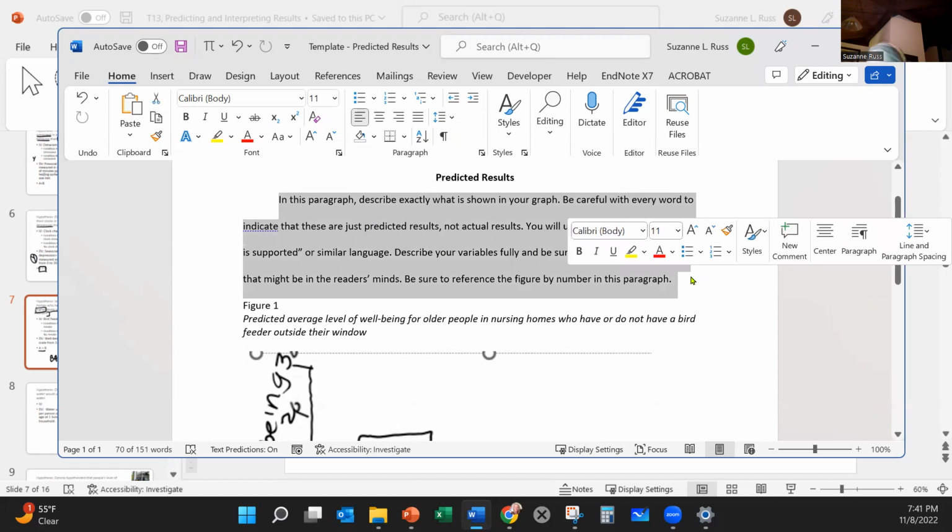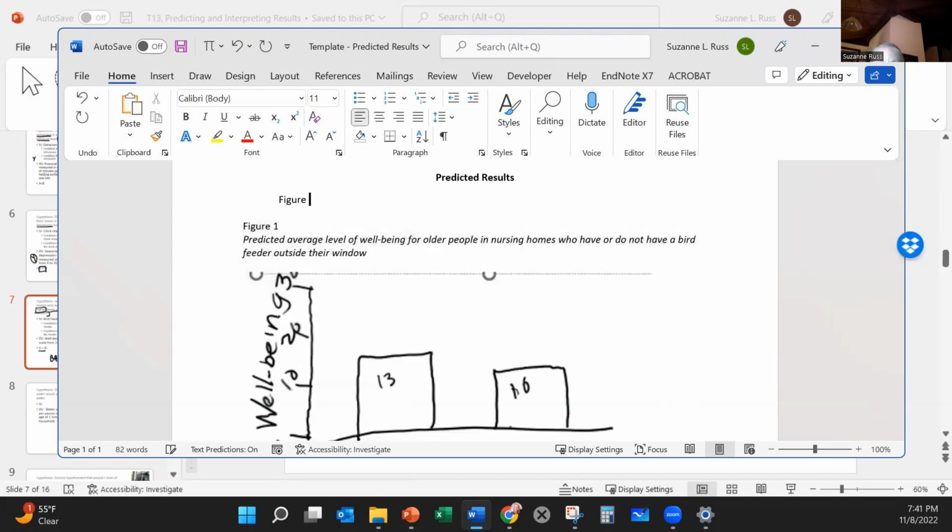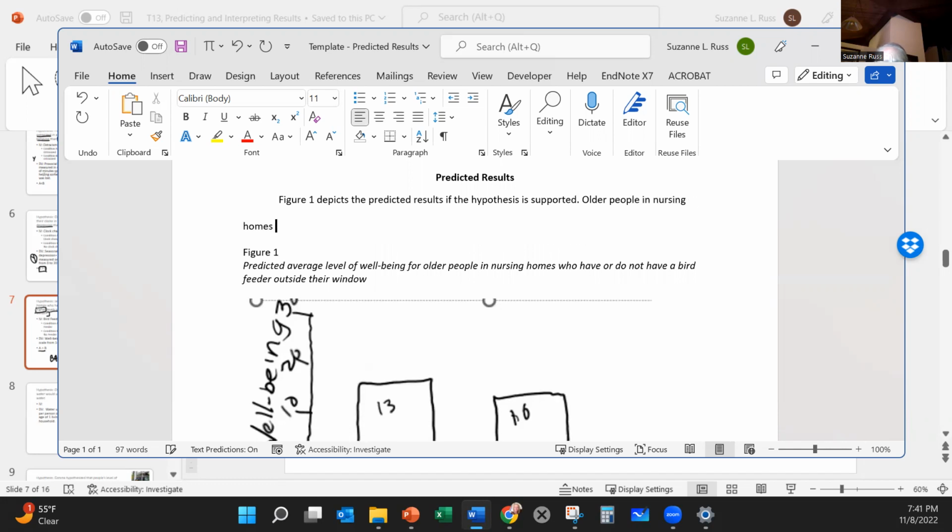So I'm going to write: Figure 1 depicts the predicted results if the hypothesis is supported. Older people in nursing homes are expected to have significantly higher levels of well-being.